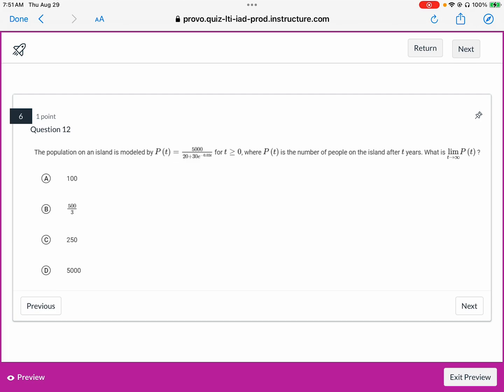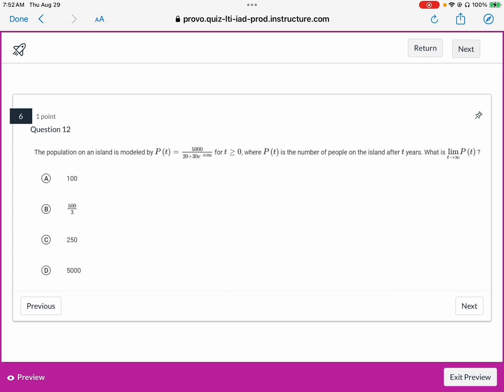All right, the population on an island is modeled by P of t equal to 5,000 over 20 plus 30 e to the negative 0.03t, for t greater than or equal to 0, where P of t is the number of people on the island after t years. What is the limit as t approaches infinity of P of t?